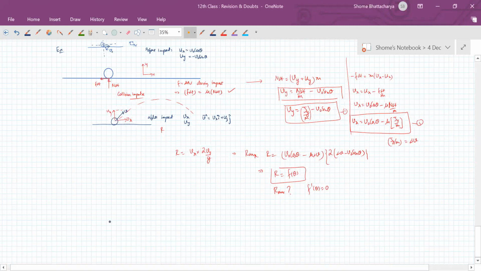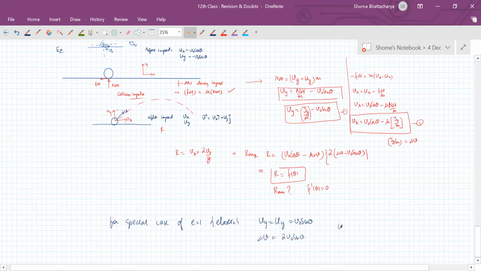So for the special case of a perfectly elastic collision, your vy will be equal to uy, which is v naught sine theta. Then your delta v is very easy to calculate: this expression is just going to become 2 v naught sine theta.